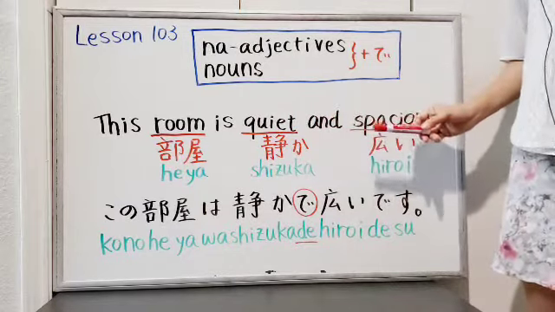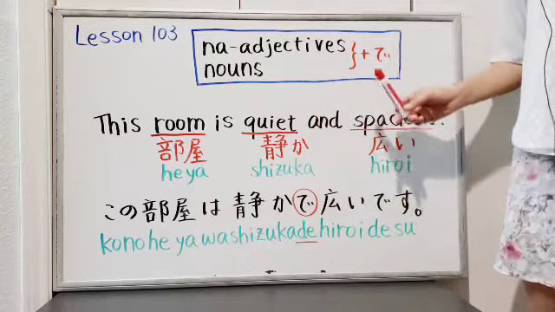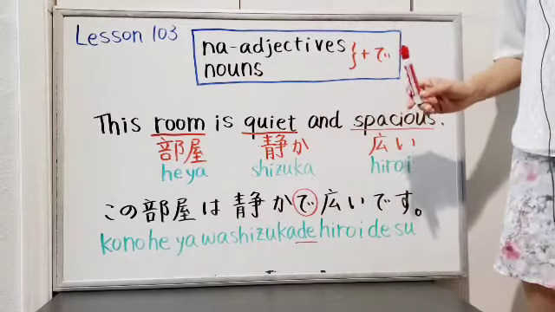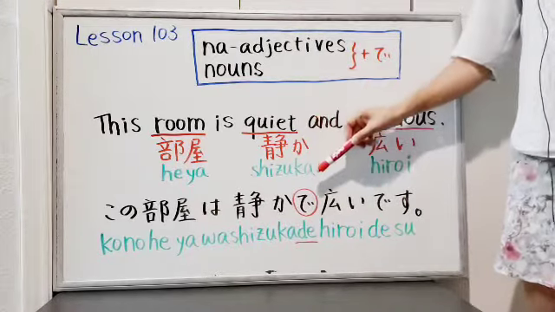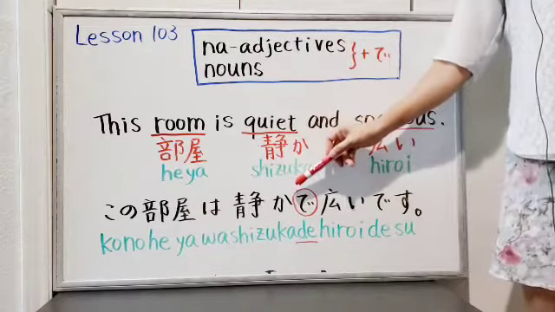In this case, 静か is an adjective. So you may want to add で after 静か.